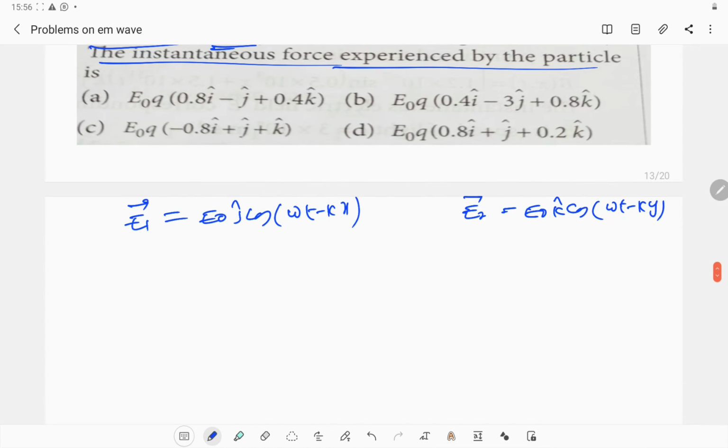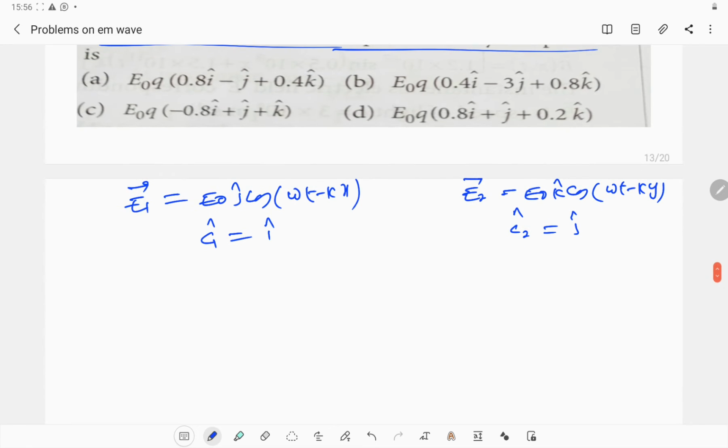These are the two electric fields. Due to this electric field, wave is propagated along plus x, means I cap. In this field, omega t minus ky, therefore this is j cap.